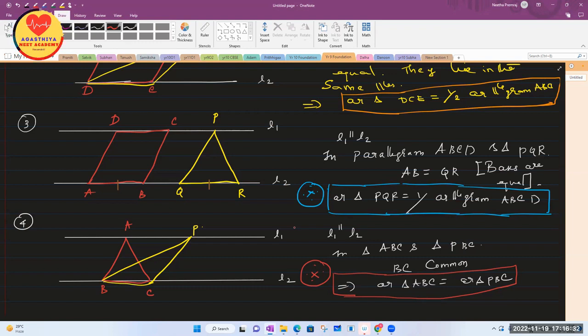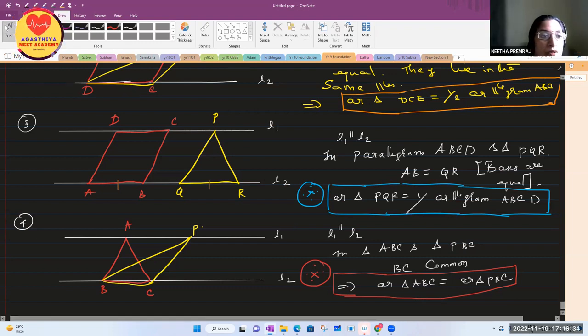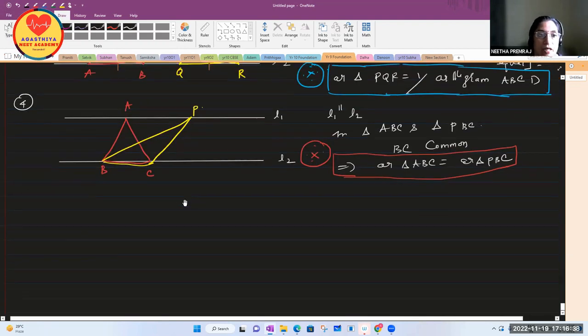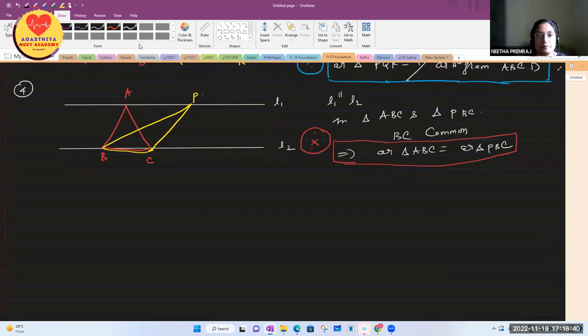Finished, ma'am. Okay. So there is one more last concept, similar to the fourth concept, but a bit different.